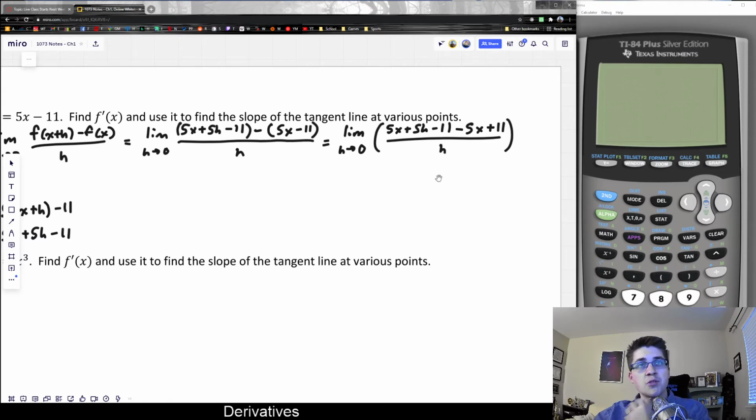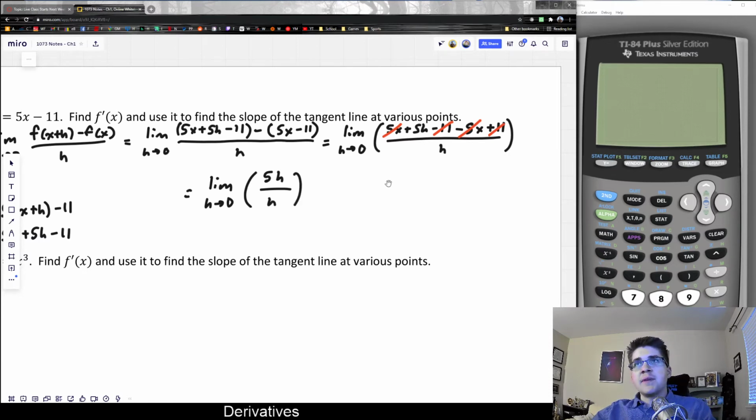That's just how it works when you're taking a function and subtracting something very similar. Notice here, 5x minus 5x are like terms. Those will cancel out to make 0. And of course, minus 11 plus 11 also makes 0. So I get a lot of cancellation within the numerator, and that leaves me with the limit as h approaches 0 of 5h over h.